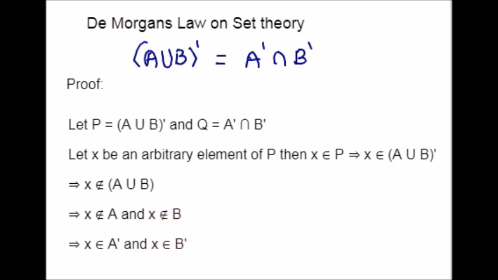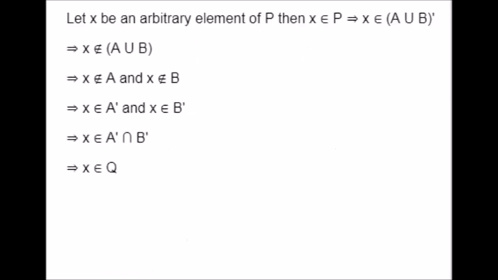Hope you're clear so far? So you can combine these two results and you can say that X belongs to the set A complement intersection B complement. That is nothing but X belongs to Q, A complement intersection B complement. Therefore you can say that P is contained in Q. Let that be equation number 1.